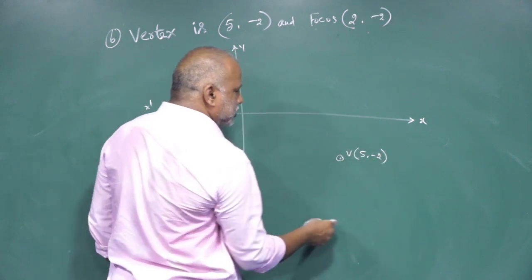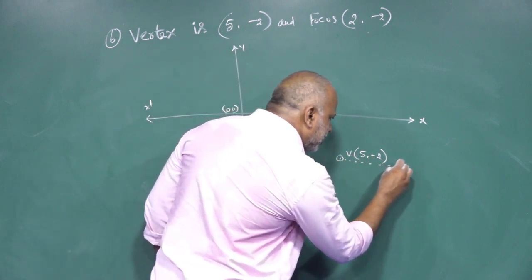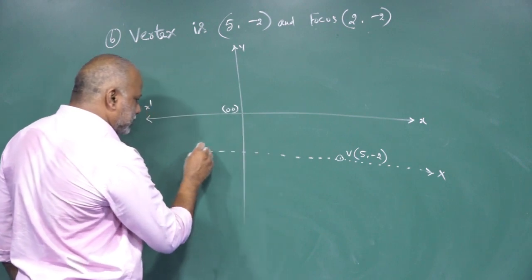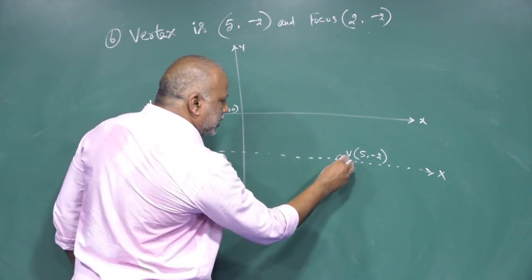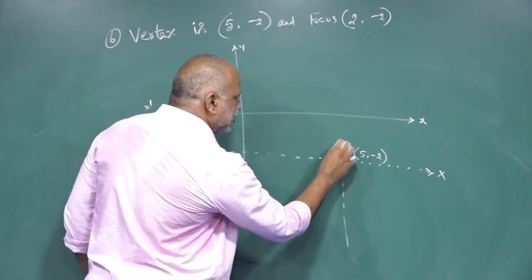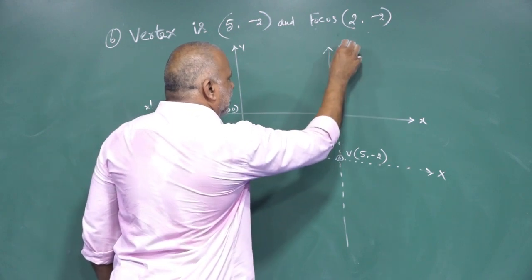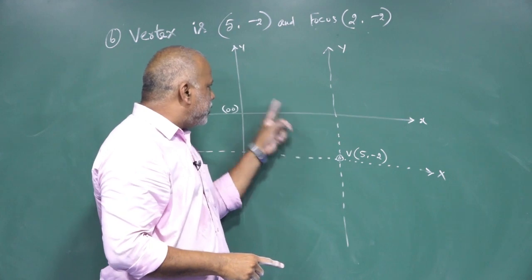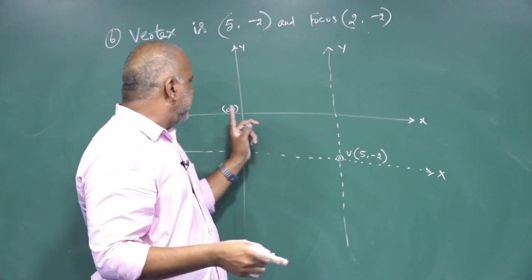That's all. This is the given vertex (5, minus 2). Immediately draw the new axis. This is parallel to the original small x and small y. So always use this type of dotted lines, then only we can differentiate. Initially we use the thick lines, that is the small x, small y.